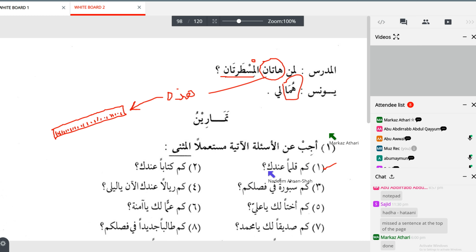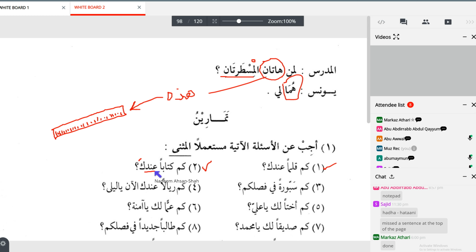أخي مزمل, can I get Abdul Qayyum to have the mic as well, please? طيب, Sajid, if you could read question number 2, Abu Awwal, if you could answer the question. كم كتابا عندك؟ جيد. بارك الله فيك. تفضل أخي أبو أول. عندي كتابان. أحسنت وبارك الله فيك.